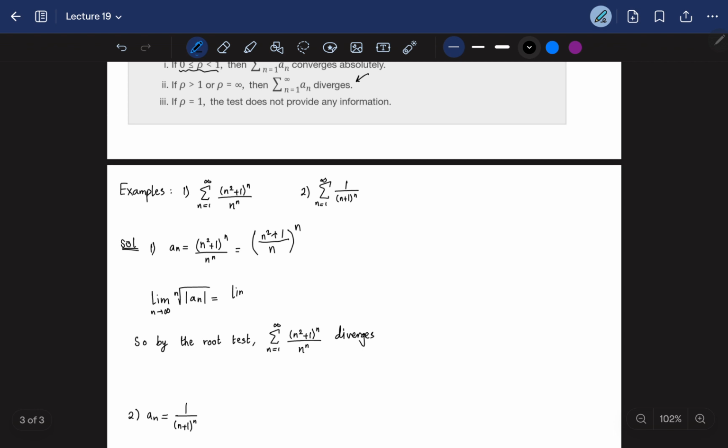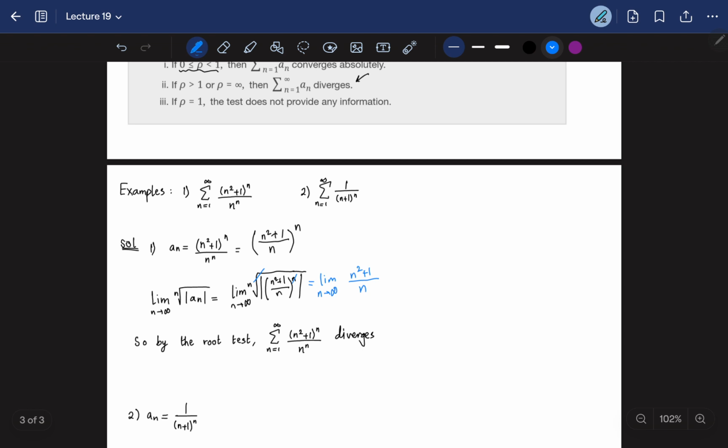So here, if we take the limit of the nth root of the absolute value of our a_n as n goes to infinity, because it's positive, it's going to stay the same. And then I have the nth root and an exponent of n, so I can just cancel them together and get the limit of n squared plus 1 over n as n goes to infinity.